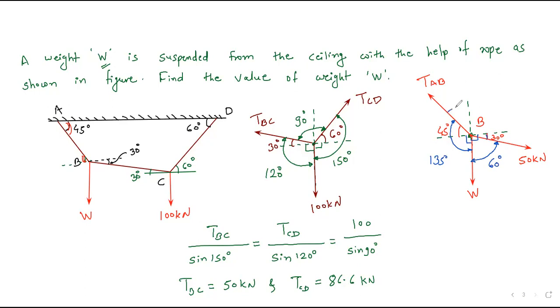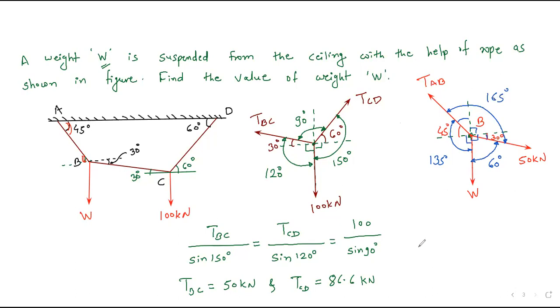And now the remaining angle: either you calculate it as 30 plus 90 plus the remaining 45, or you do 135 plus 60 and subtract that from 360. What is the answer? 165. So this is 165 degree.